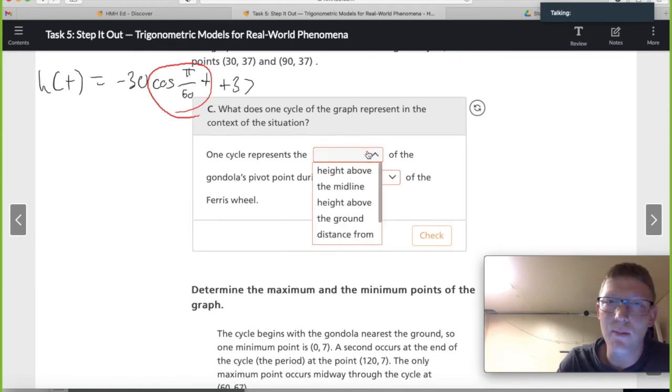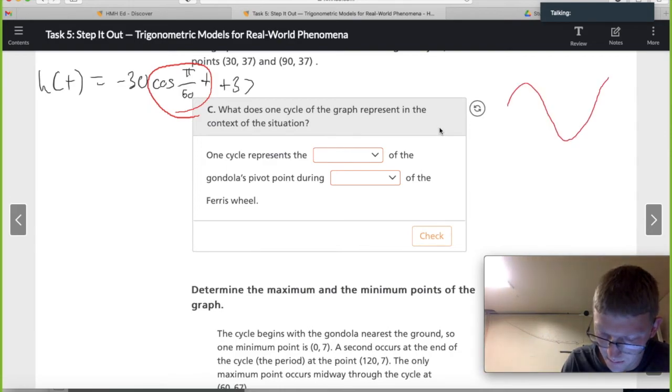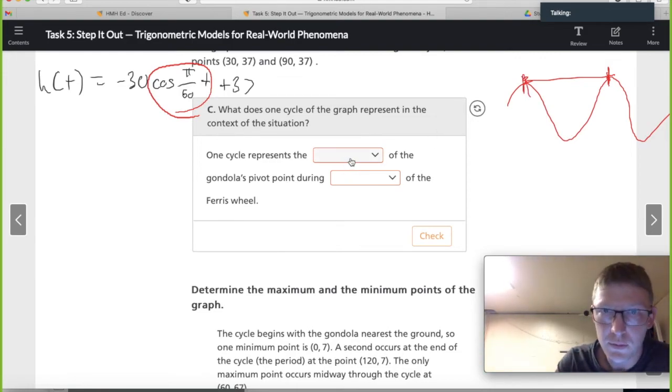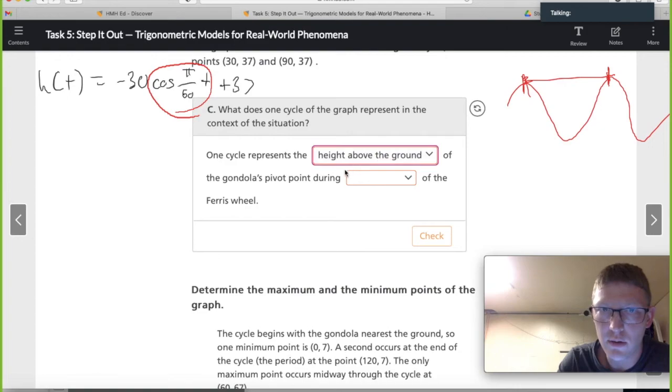So one cycle represents, let's see here, from here to there, the height above the ground of the gondola's pivot point during one rotation of the Ferris wheel.